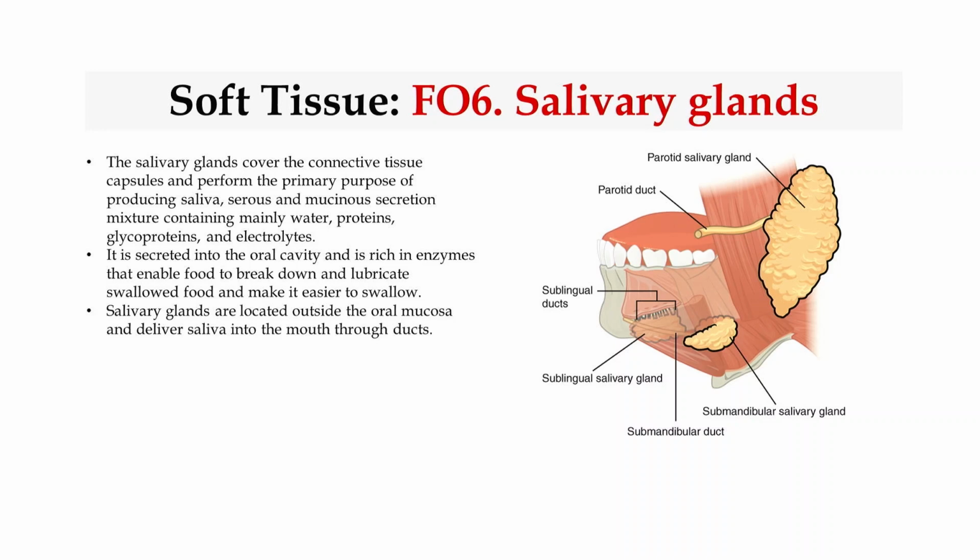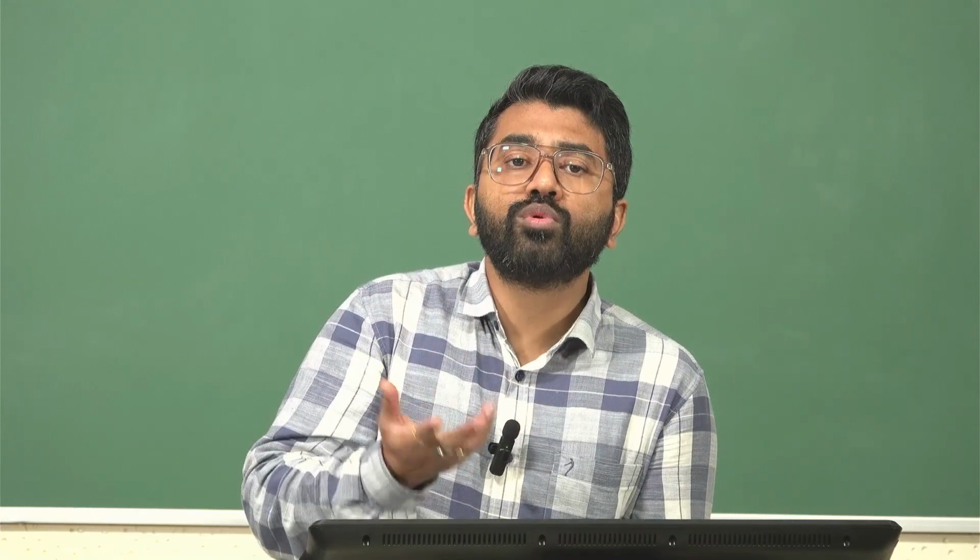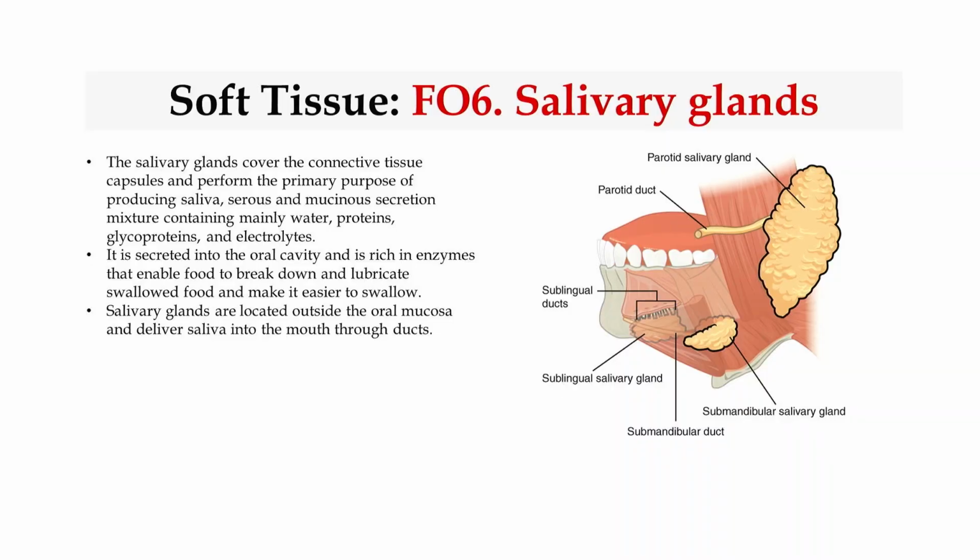Salivary glands typically create the saliva in your mouth, and that helps you break down the food we eat and lets it go further towards your stomach for better digestion. It is secreted into the oral cavity and is rich in enzymes that enable the food to break down, and it lubricates the swallowed food to make it easier to swallow.